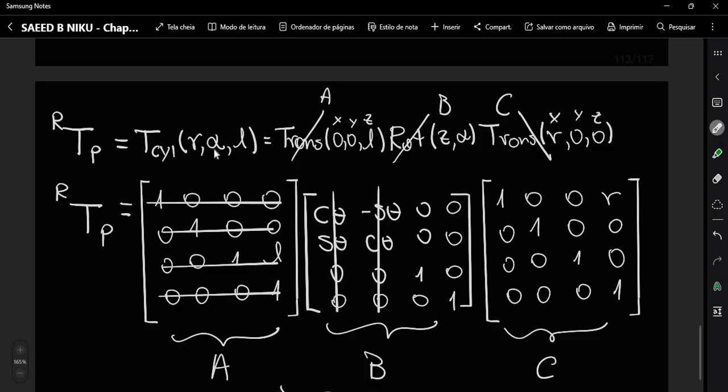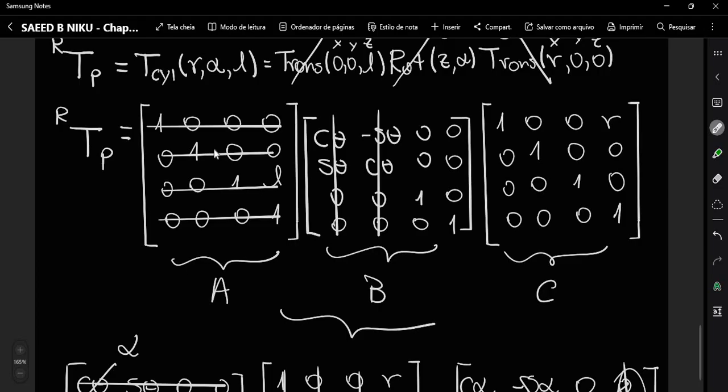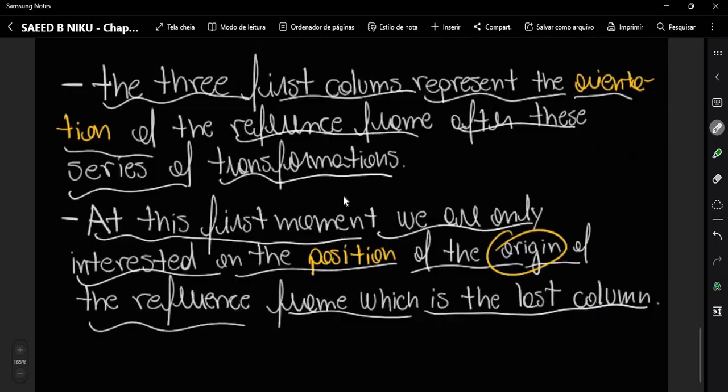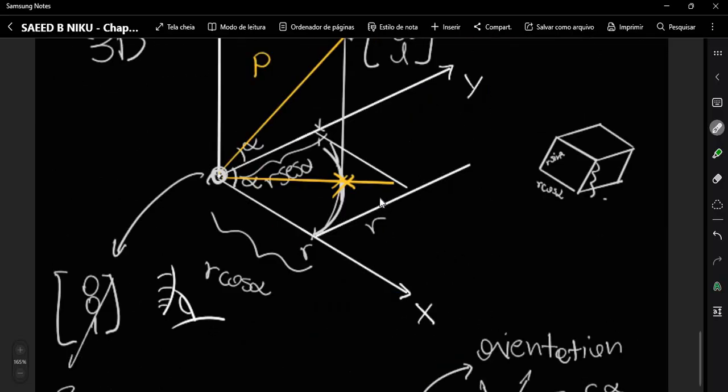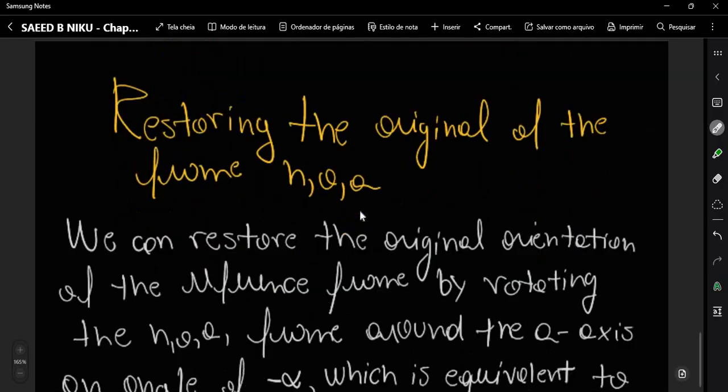We are following a formality, a notation. The correct way is to write the transformation equation with the order of the sequence. And if we change the order of the matrices, we will get a totally different result. So that's something that we have to pay attention to.